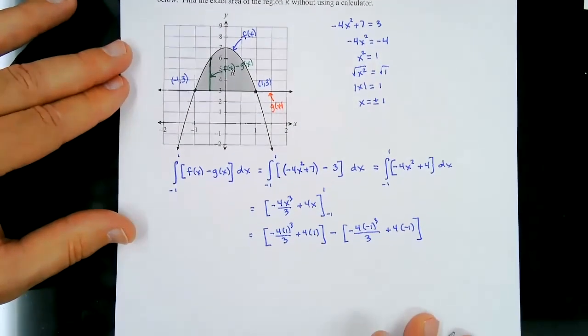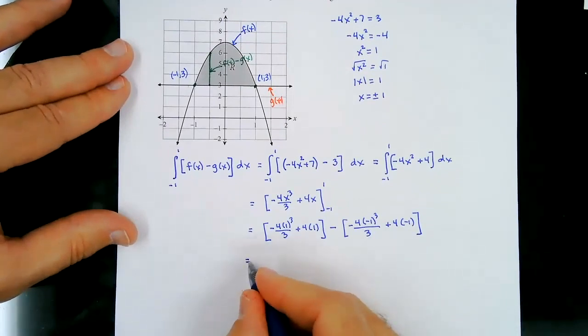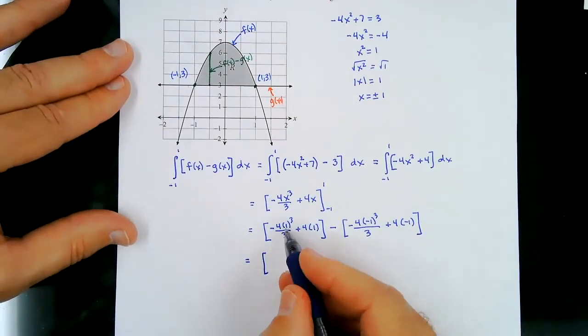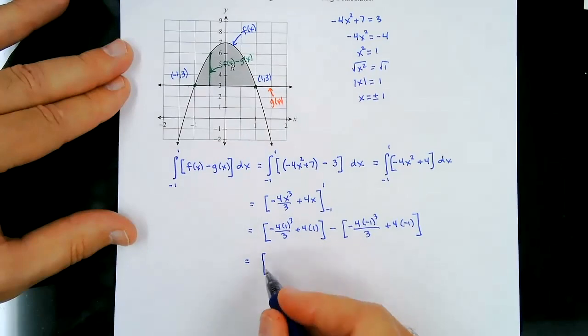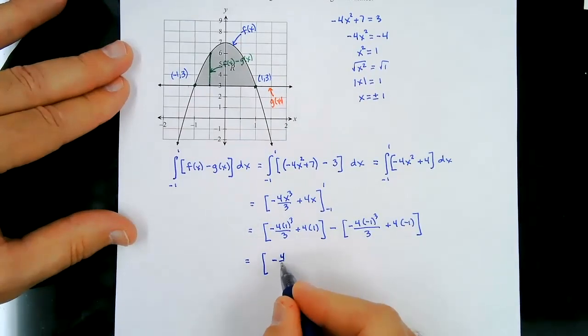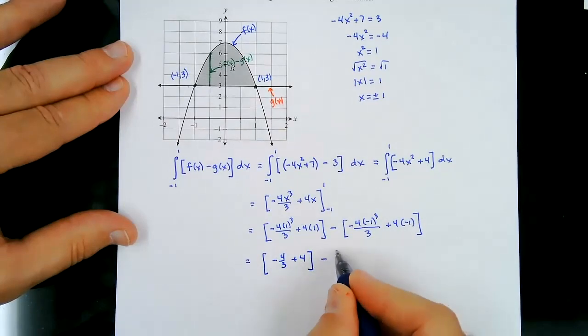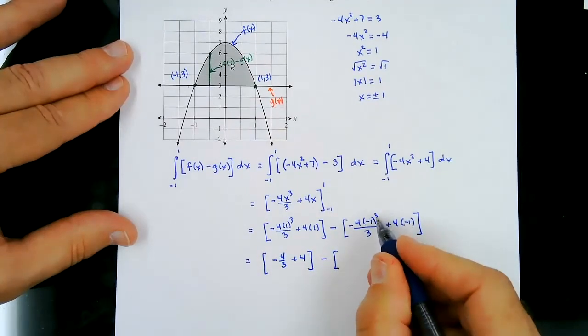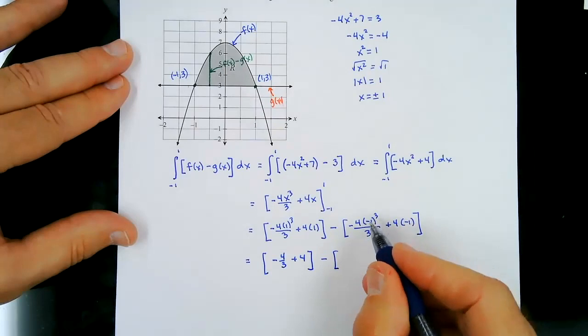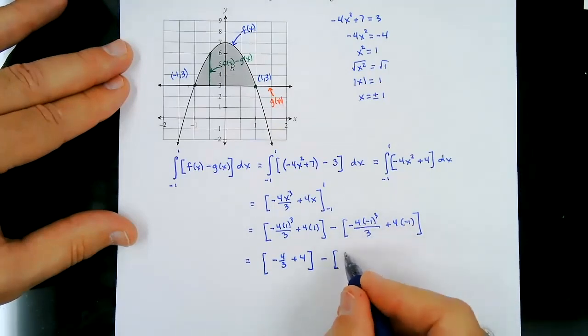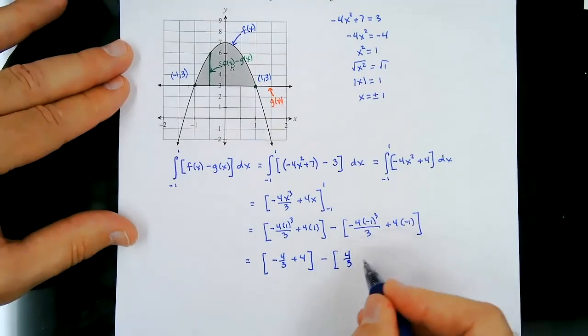I'm going to slide this up a little bit. And this is equal to, and 1 cubed is 1, so this is negative 4/3 plus 4, and then minus, and negative 1 cubed would be negative 1 times negative 4, so this is going to be positive 4/3 and minus 4.